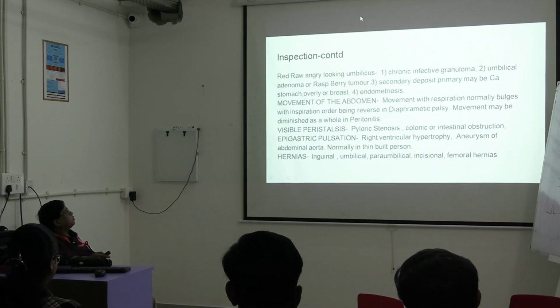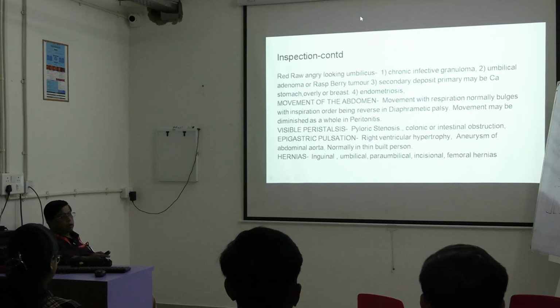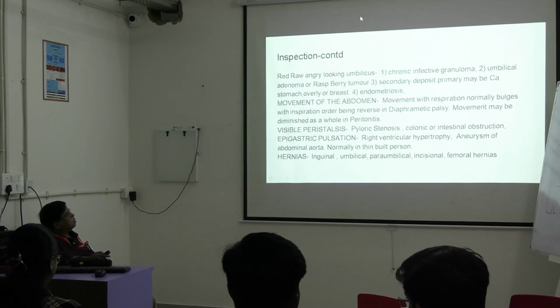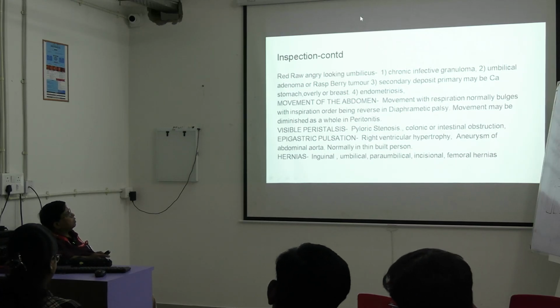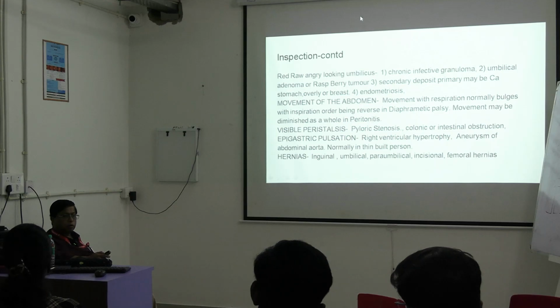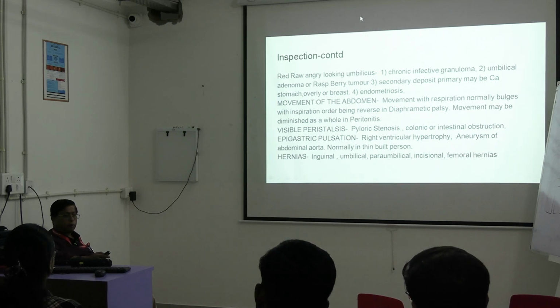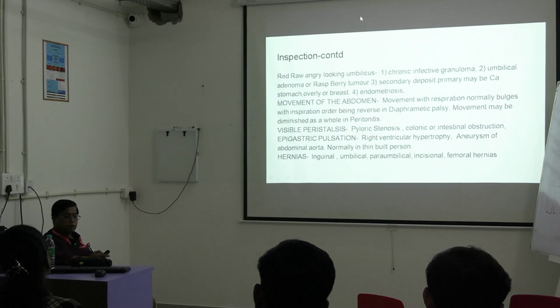The umbilicus may be red, raw and angry looking. Causes are chronic infective granuloma. This is important. Some patients have a habit of scratching the umbilicus continuously. Sometimes they have a chronic infective granuloma, and you know the umbilicus is the least vascular area in the body.